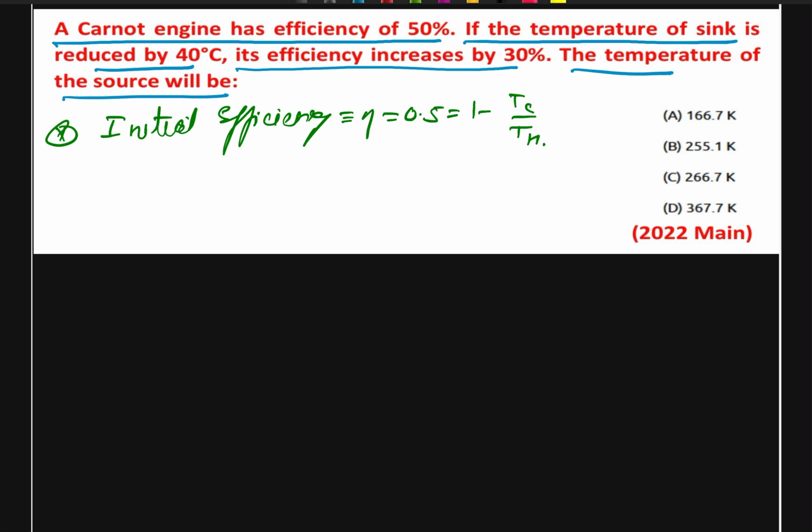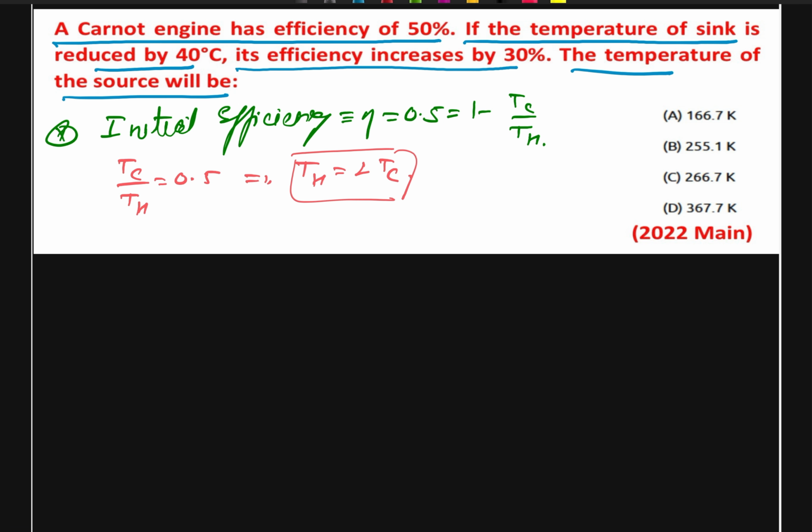And from here we can say that temperature of cold to temperature of hot will be equal to 1 minus 0.5, giving us 0.5, or we can say our temperature of hot will be equal to twice temperature of cold.